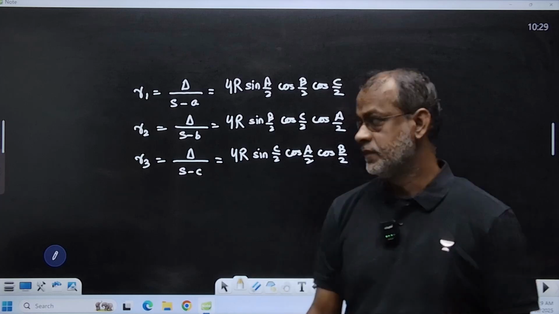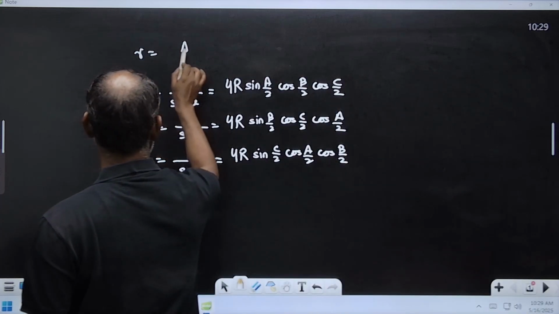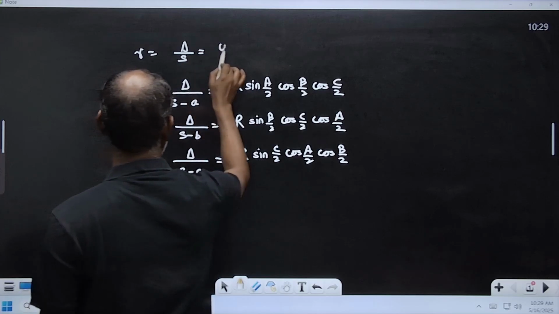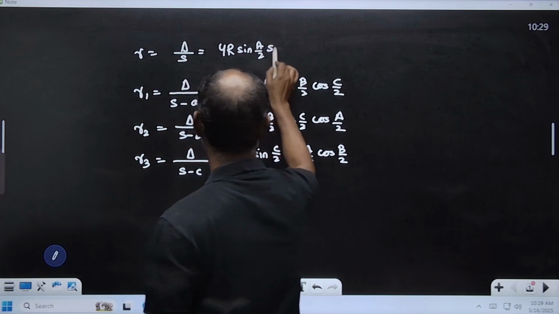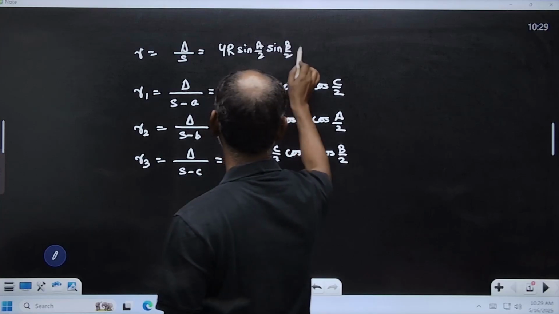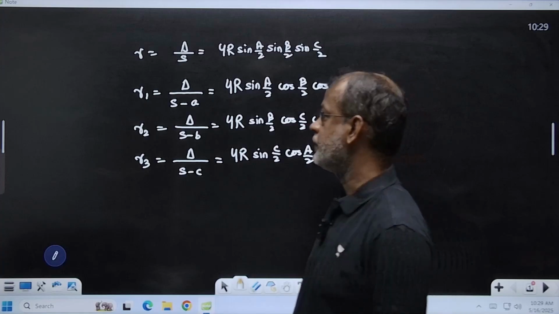I am absolutely sure you remember the general formula of delta by S, and for a triangle it is R, as we have already gone through.